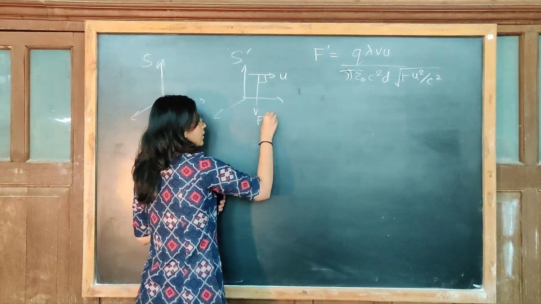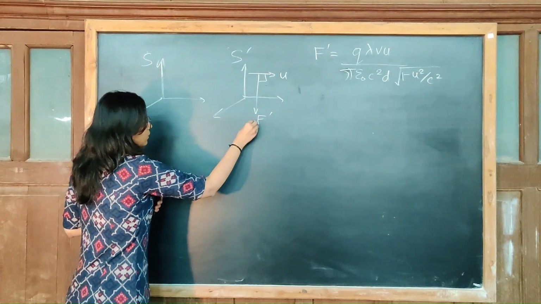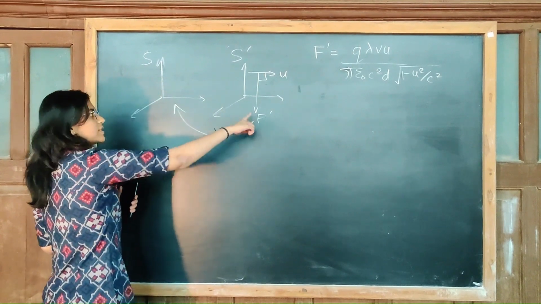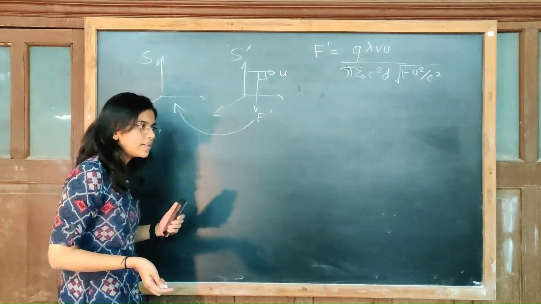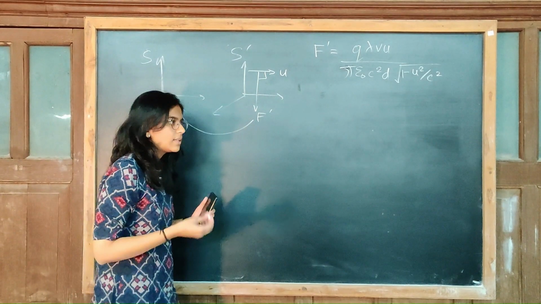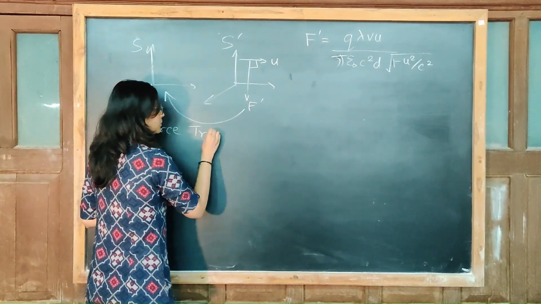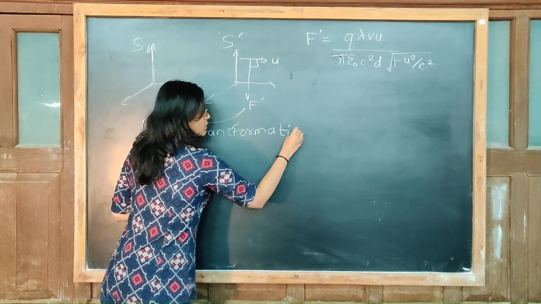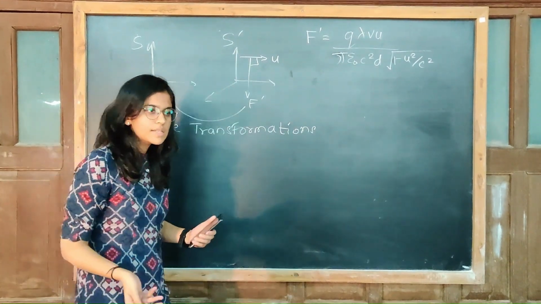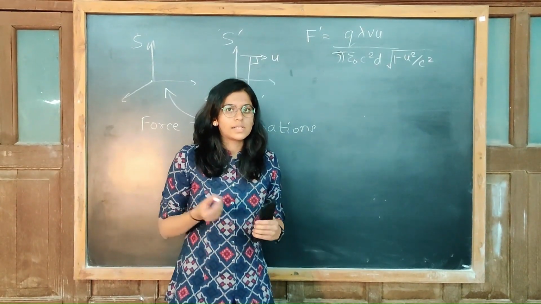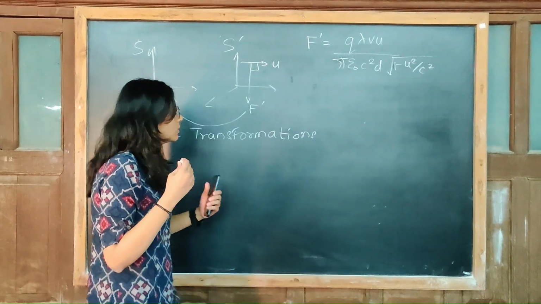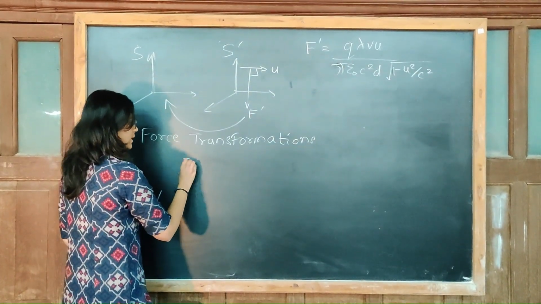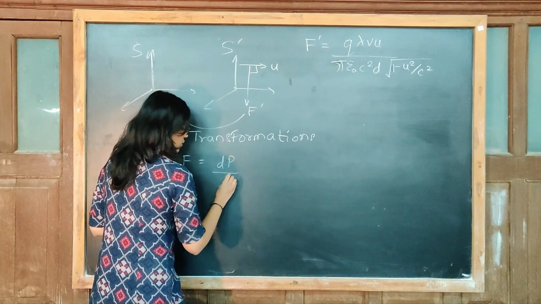I want to find a way to have a force that accounts for the same effect in this frame also. How is that done? That is done by the force transformations. What we have been looking at until now are the transformations of velocity and of mass, but we have not yet studied the relativistic transformation of force. As we all know, force is basically the time derivative of momentum.